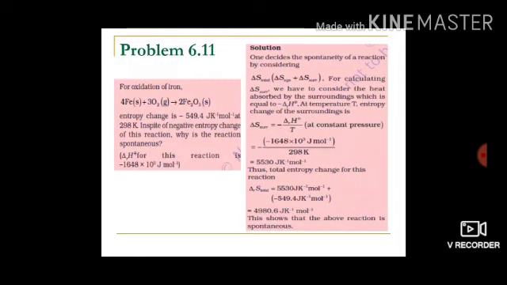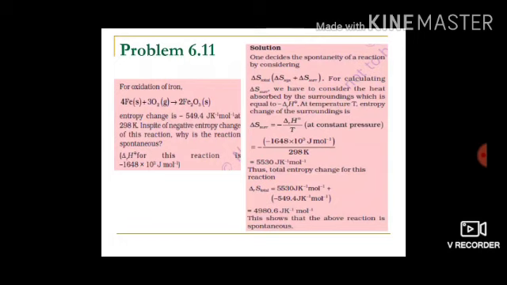Now, the spontaneity of the reaction is given by the overall change in the entropy, that means delta S total, which is given by the sum of the change of entropy of the system plus the change of entropy of the surrounding.